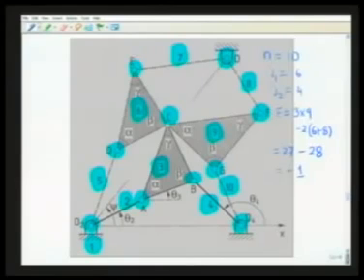However, if we look at this figure, what we see is that O2ACD is a parallelogram, O4GCB is another parallelogram, and OFCE is another parallelogram.